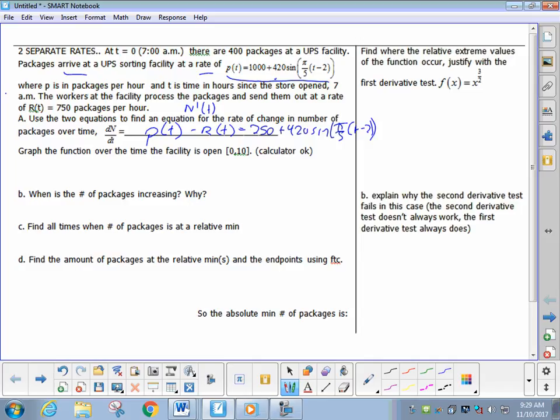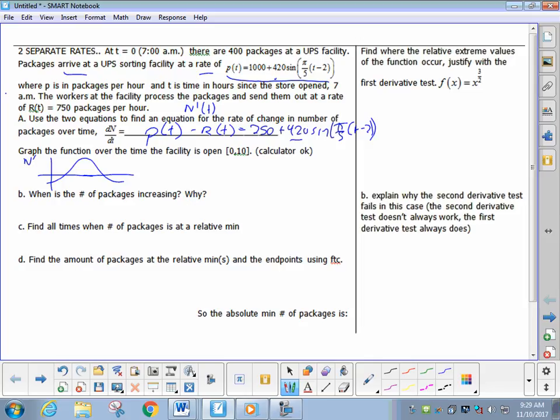That would be a center line of 250, and because the amplitude is 420, it would take it up to 670 and down into negative territory, and then it would be shifted right. So overall, I think the graph looked like this. Now that is not drawn to scale. Please keep that in mind as we go through this.